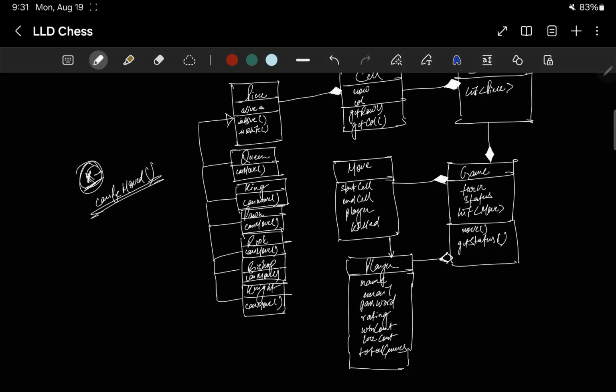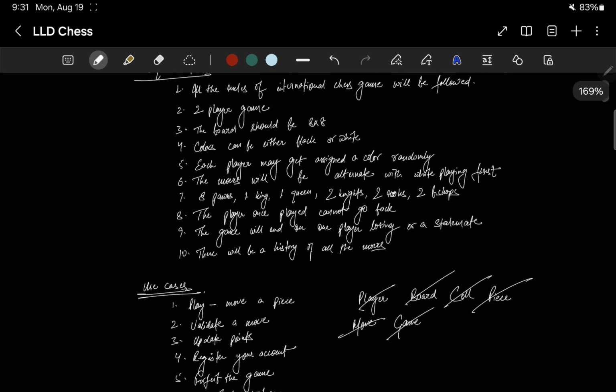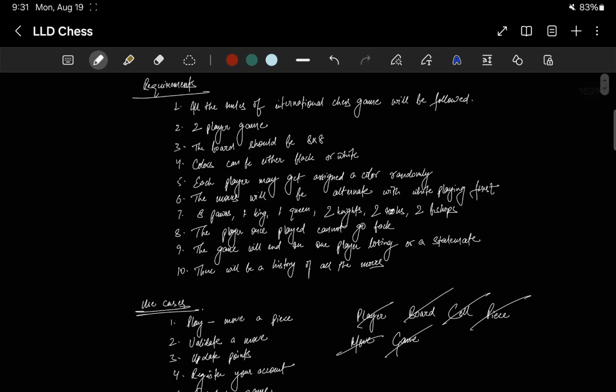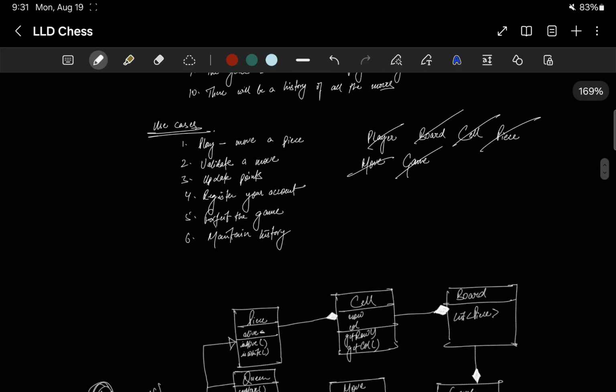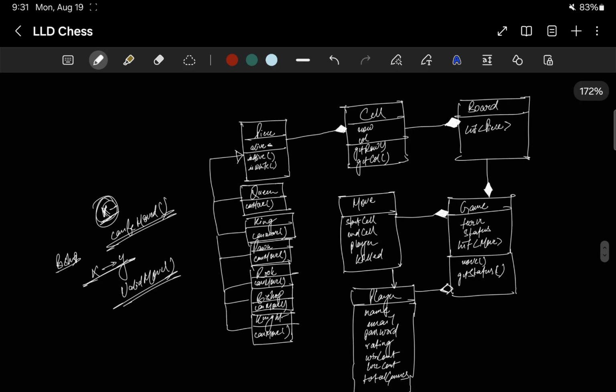Implement this method, the interviewer can ask you. Or let's say that person says you have to move a bishop from x to y, can you check and tell is it a valid move or not? So these are some of the things which can be asked, but this requirements gathering, use cases, classes, and diagram already takes a lot of time, so there is not enough time left to write code.